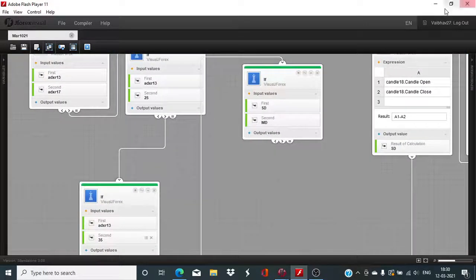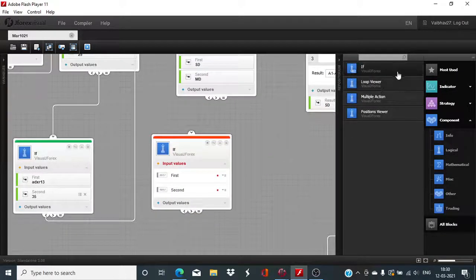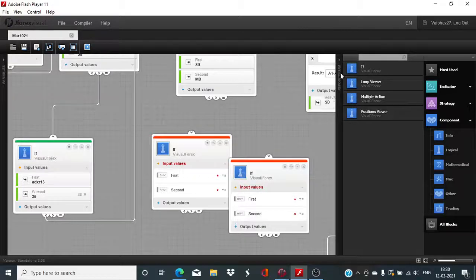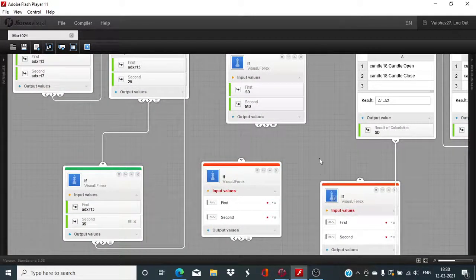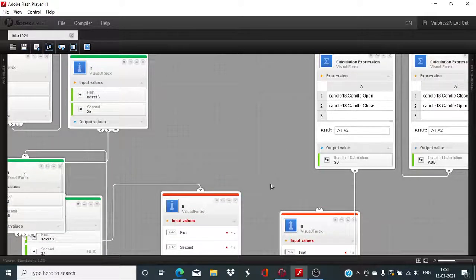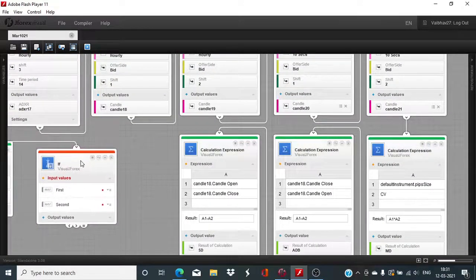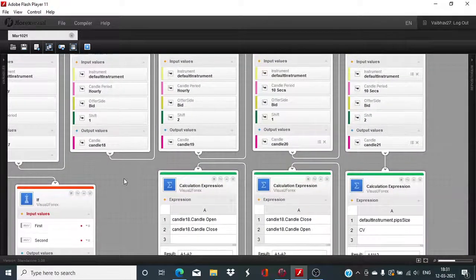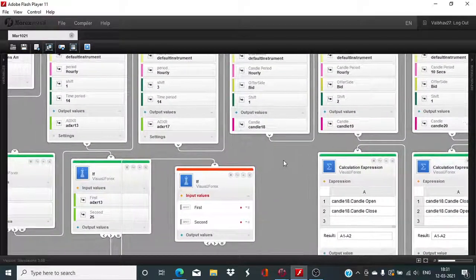So again, now I have to add these if blocks and this one needs to be greater. Okay, then we want last candle's closing level to be below the candle 19's lowest point.